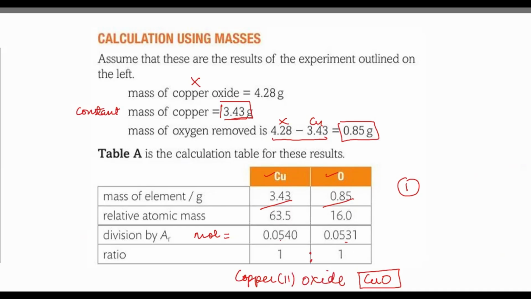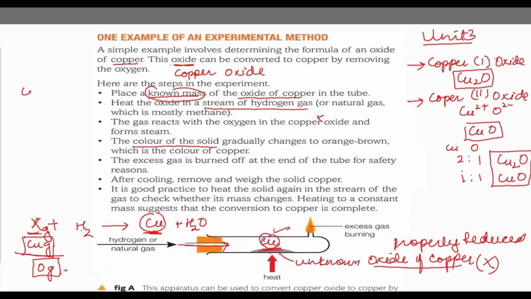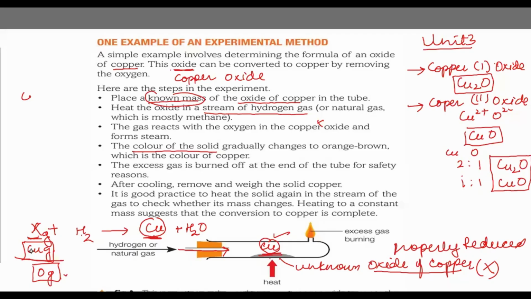Okay, is it clear? So the method is clear. This kind of question can come in your Unit 3, which is your practical paper, a written practical paper. Am I clear? First, through an experiment, we tried to find out the masses of copper and oxygen.